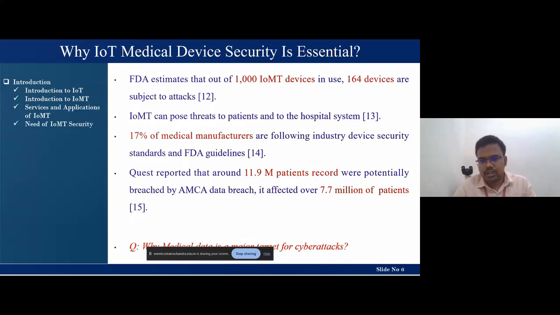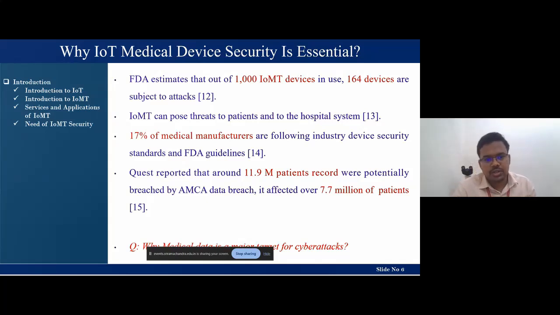If any one device in your network is hacked, an attacker can intrude into your network and exploit the entire network. They can get access to the entire network and manipulate the data. Since healthcare data is more sensitive, if it is breached or manipulated, it will lead to a major impact. So that is the main thing.